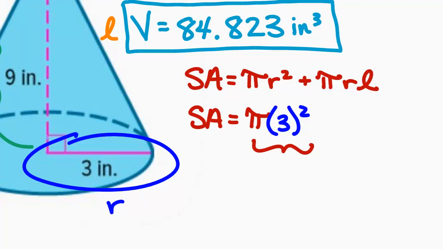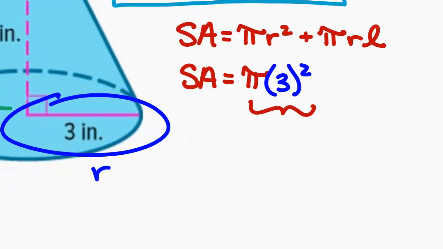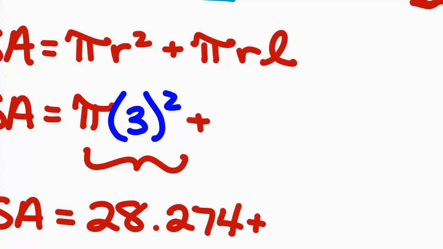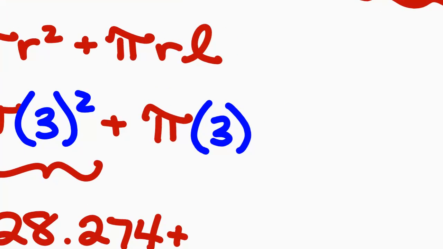What is that area by itself? Pi times 3 squared. Pi times the radius squared. 28.274 plus our lateral area, the funnel-shaped piece, pi times our radius of 3 times our slant height of radical 90.